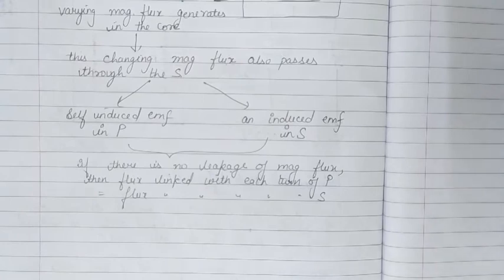So two phenomena are happening here. First is self induction, that is in the primary coil because of the changing magnetic flux in the primary coil itself. Second is induced EMF in the secondary coil, that is mutual induction. And we get induced EMF in the secondary coil because of the changing magnetic flux in the primary coil.